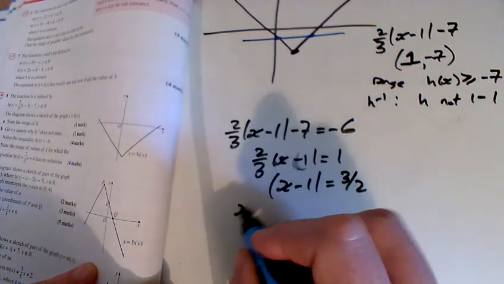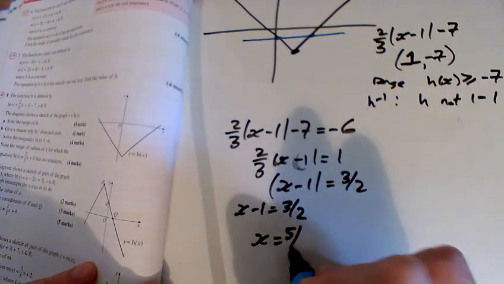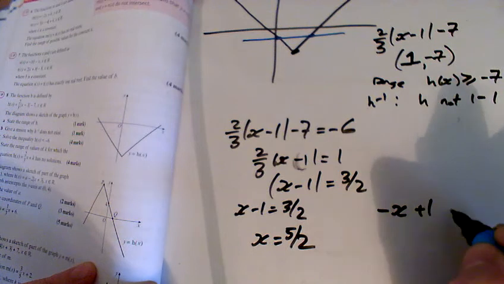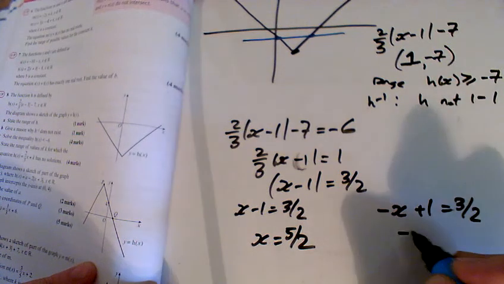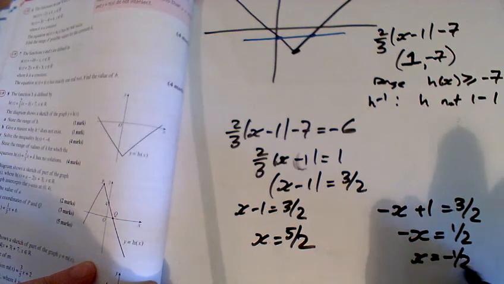So if the modulus doesn't do anything, I've just got x is 5/2, and if the modulus does do something, then I've got -x is 1/2, so x is -1/2.